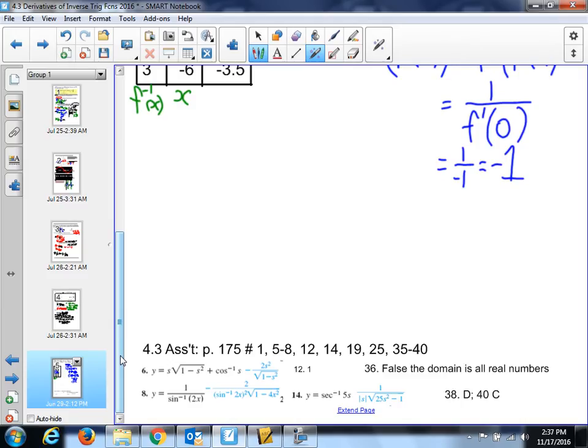I like them all, but can't do them all. 1, 5, 7. Let me see about 12. Yeah, 12 is good to do. I have the answer there too. It's 1. That one's good to do. 14's good to do. Actually, these aren't as bad as I thought they'd be.